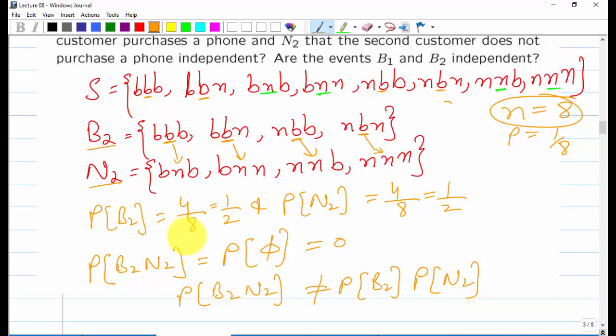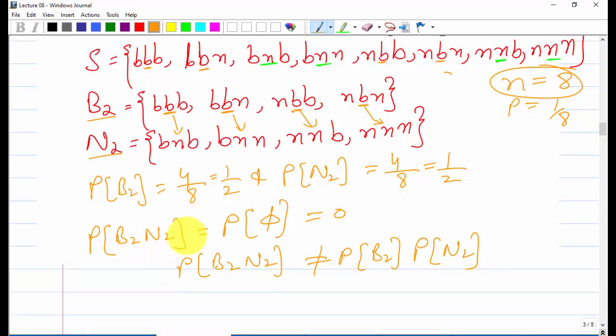So these two events are mutually exclusive, but they are not independent, because they are dependent. If the customer buys a phone, this outcome can never happen. So obviously they are dependent on each other. So we can say that B2 and N2 are not independent.